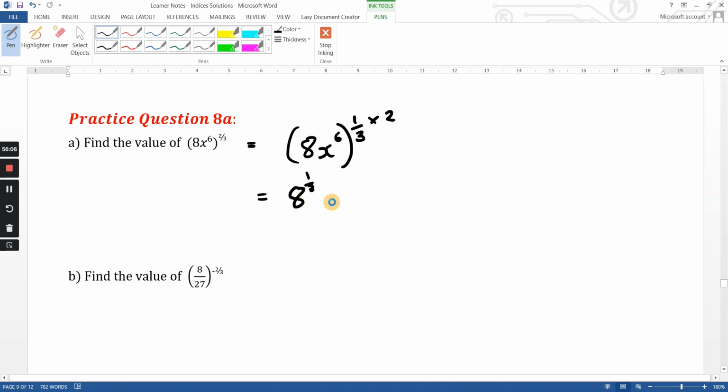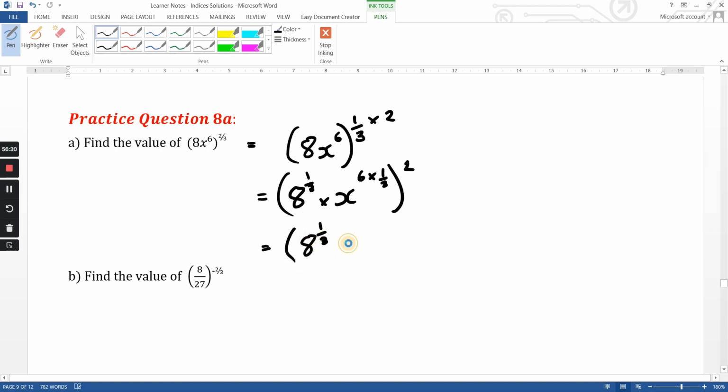and also I've got x, 6 times a 3rd here. Still got power 2 on the outside. Let's simplify this. I'll tell you what, I'm going to rewrite this.